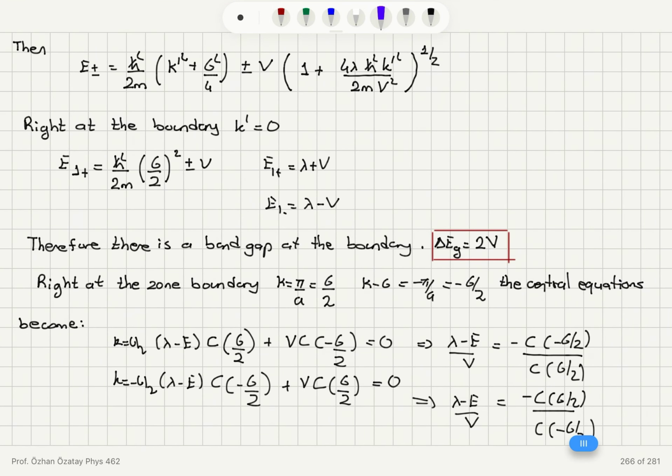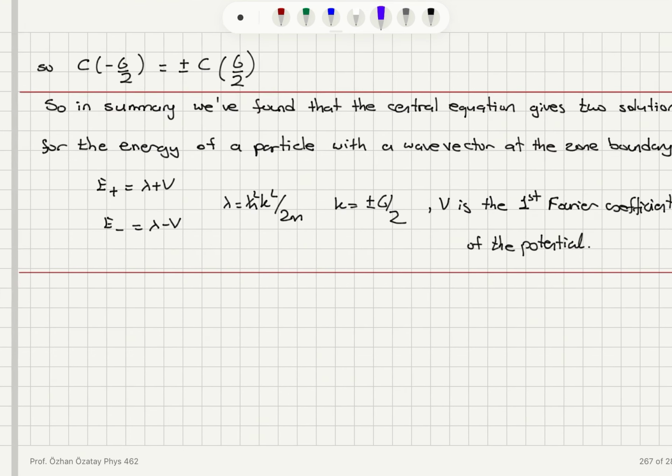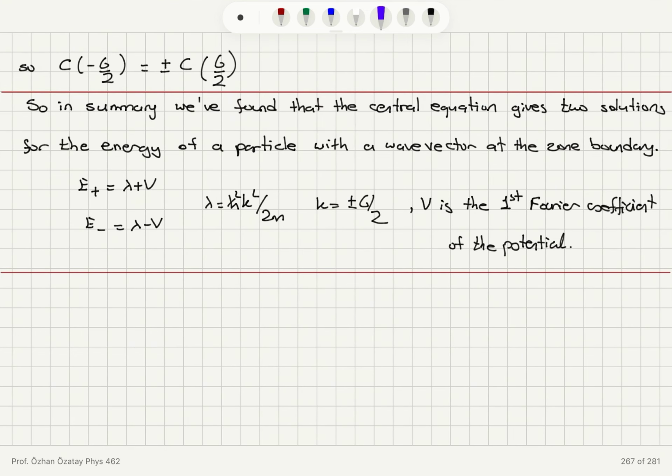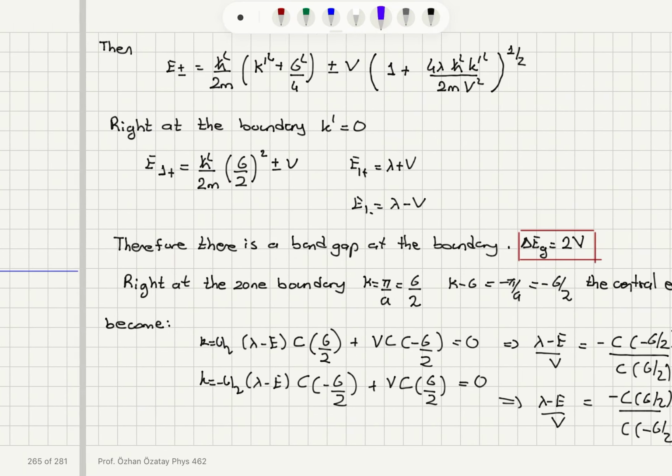And furthermore, we looked at the coefficients c of g2 and c of minus g2, and we found a relationship with these coefficients as well. So basically this gives us explicitly the result that we should expect a band gap at the Brillouin zone boundaries.